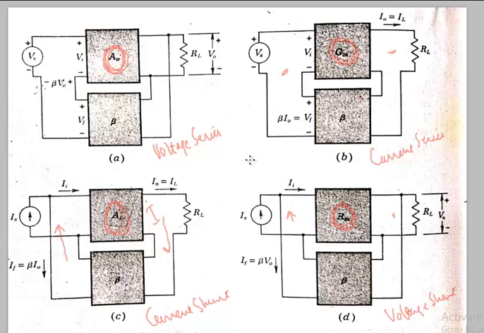So the nomenclature is, the first one is output and then input is series. However, the series input will drop a voltage here. The first term refers to output, which is current, and the second term refers to series connection, which develops a voltage here. The first term refers to current at the output, and the second term refers to shunt.